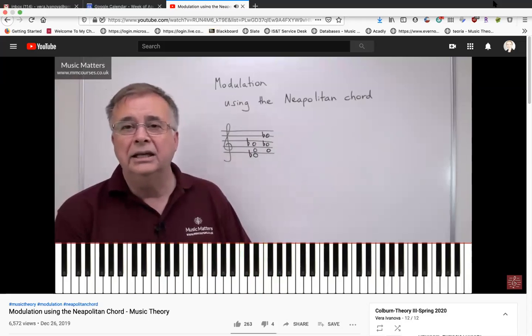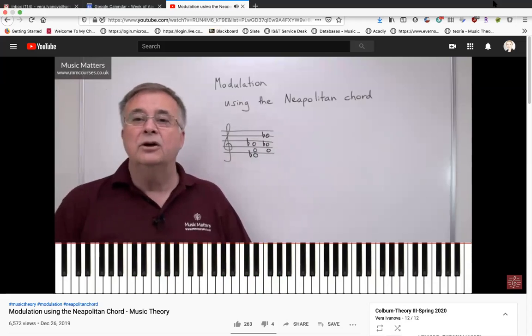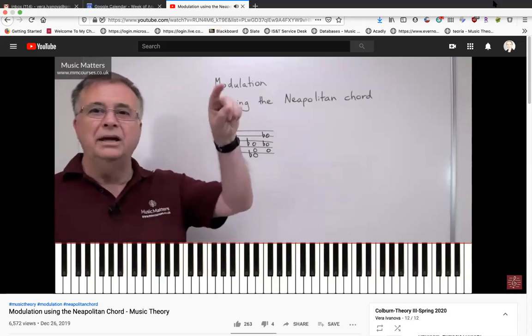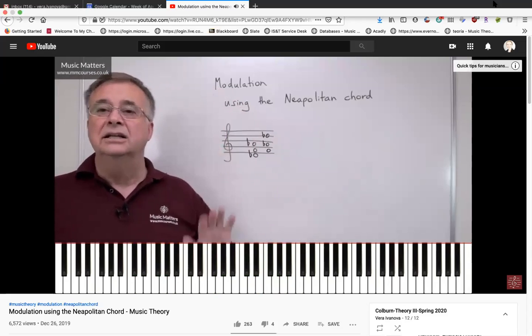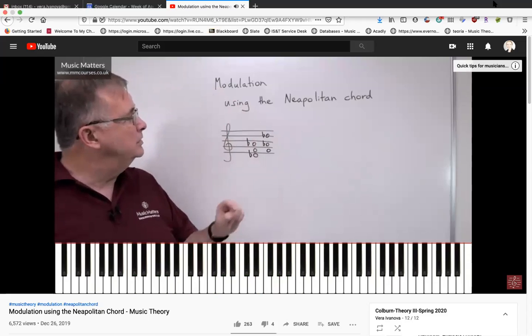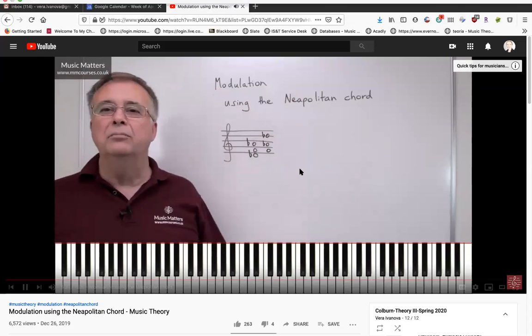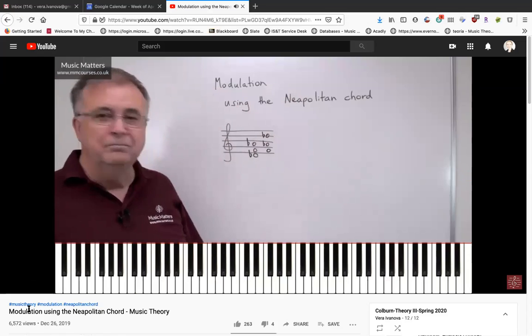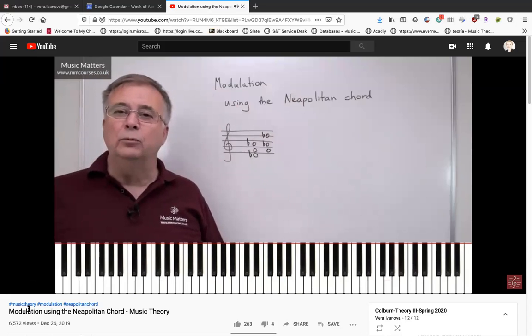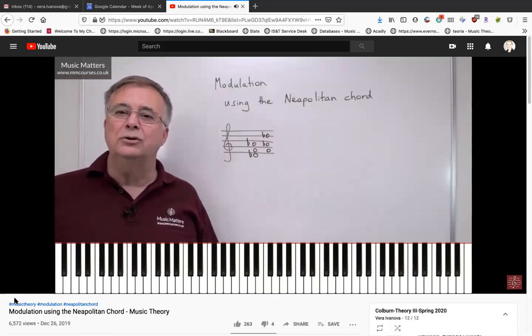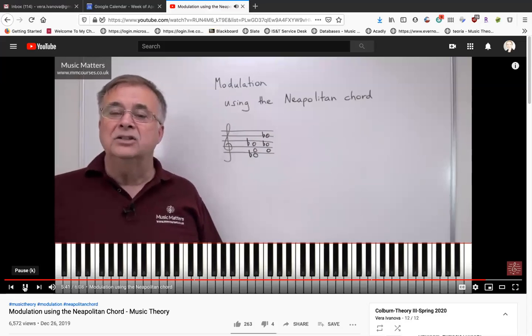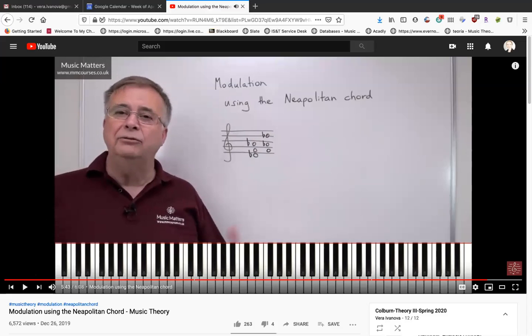And now I'm in the key of D flat major. So I've managed to make that hop from C major with no sharps, no flats to D flat major with 5 flats simply by using the Neapolitan as a means of modulating to that key. So there we are, something you might want to play with in your own improvisation and in your own composition. So have fun.